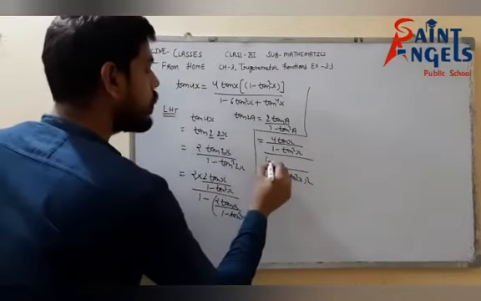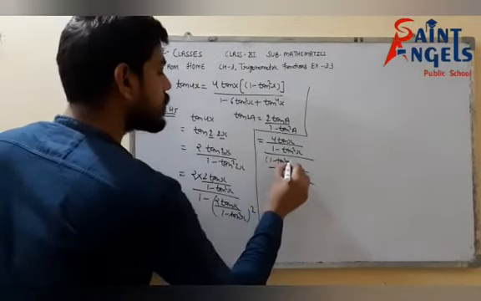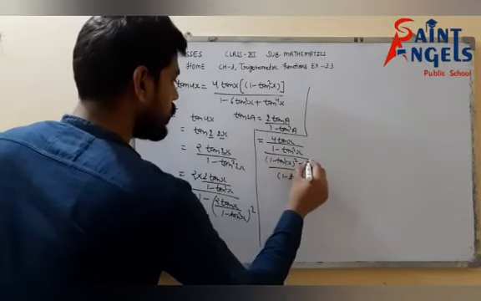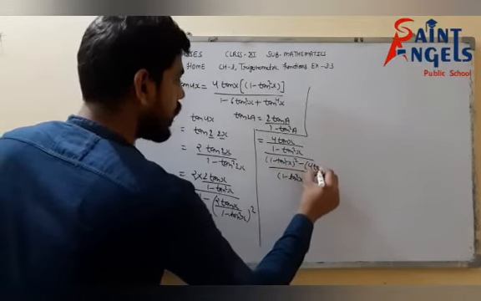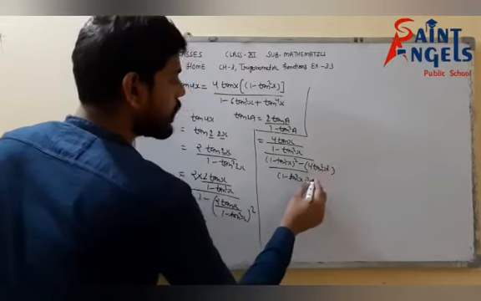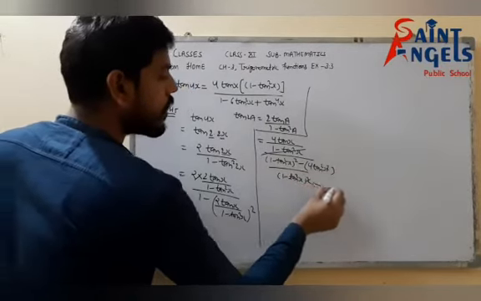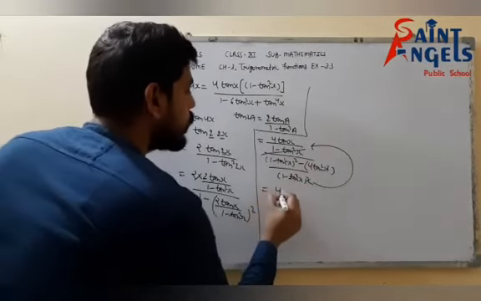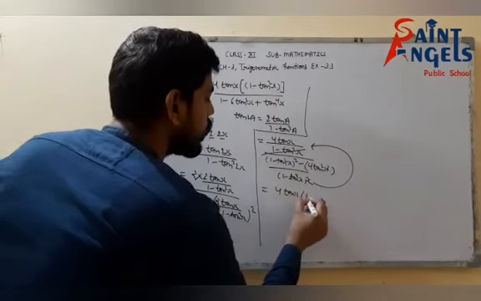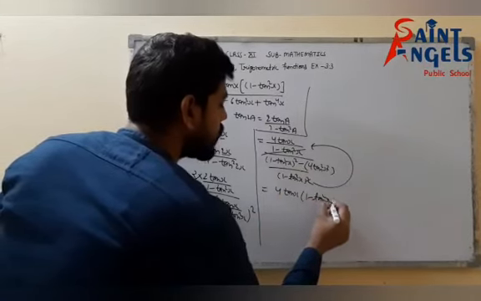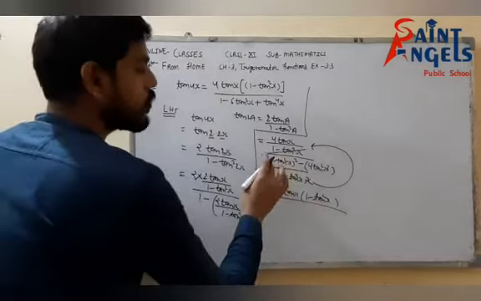So here that would be 1 minus tan square x whole square minus 4 tan square x. But from here 1 power will be cancelled out and that would be over here. So that would be 4 tan x into 1 minus tan square x. Now just put the value over here. So open the whole square.